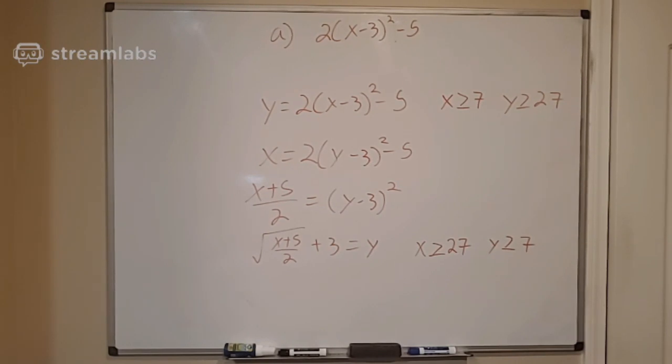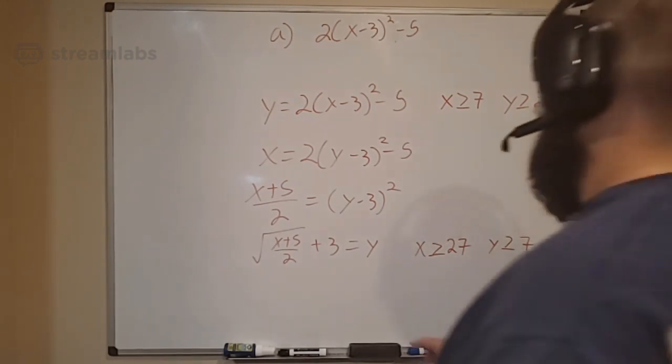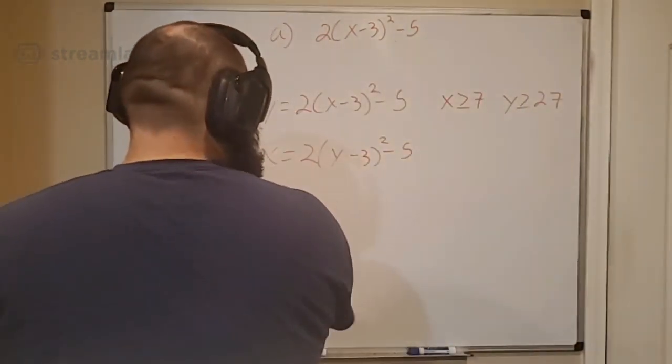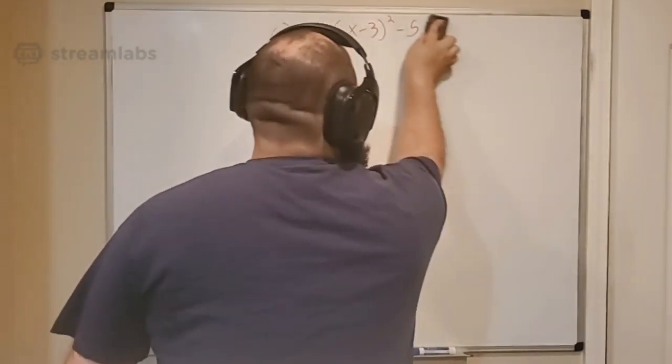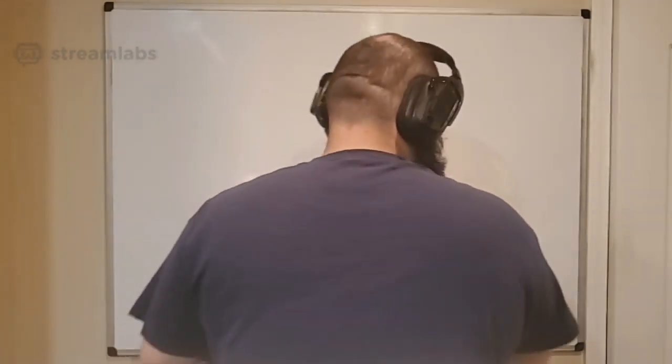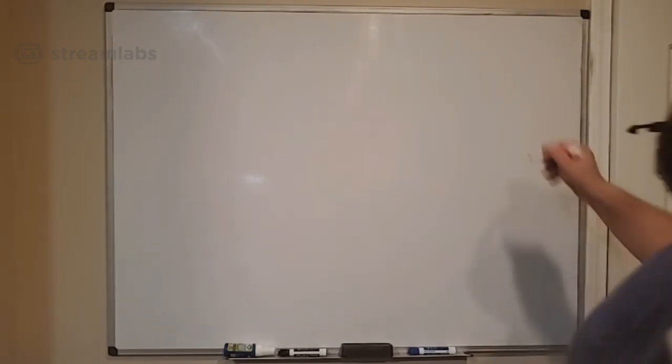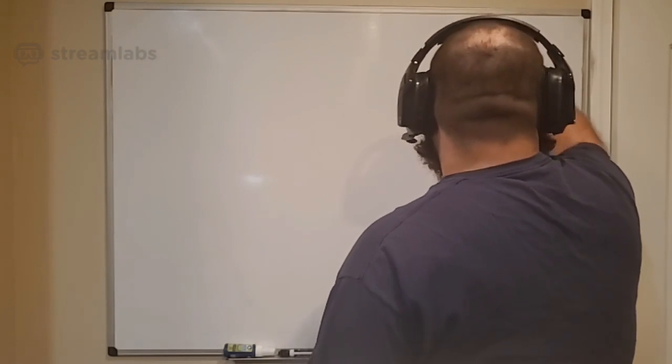So this one has a little bit more going on to it, so we'll do it. Okay, so when you do part A, or having already done part A, hopefully, you get that it factors to x minus 1 squared minus 16. So what is this the graph of?